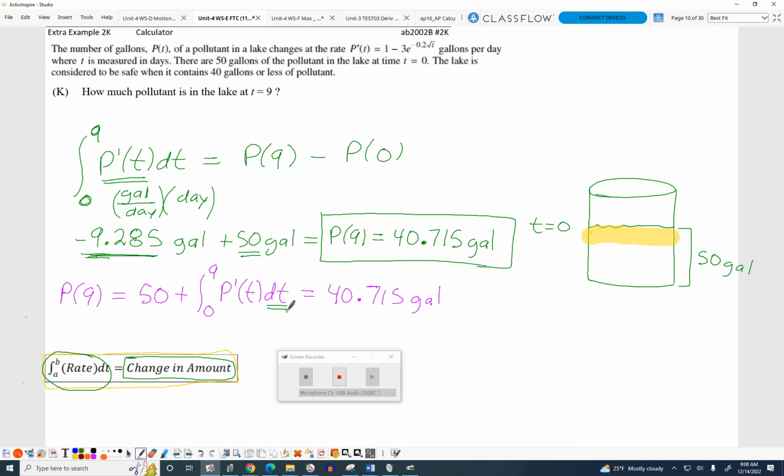Then add to that the integral, which tells me how much the pollution level changes over the 9 hours. So you have to write it that way. Otherwise it really won't make sense. Now, if you have a different way of writing it, tell me the whole way you'd write it and I could check it. I just did the 50 at the end after the integral. Oh, so you did integral plus 50? Yeah. That'd be fine. My apologies. It doesn't have to be in front. They're adding, so either order is fine.